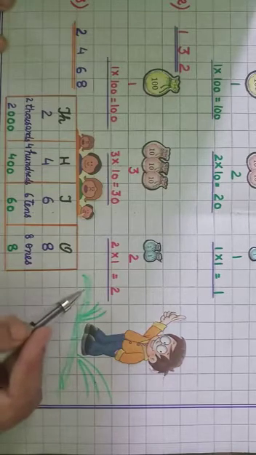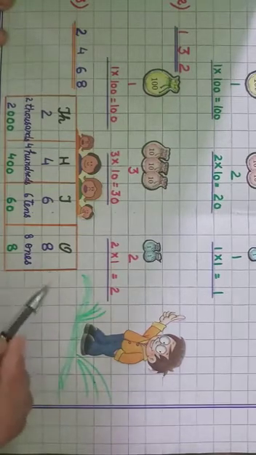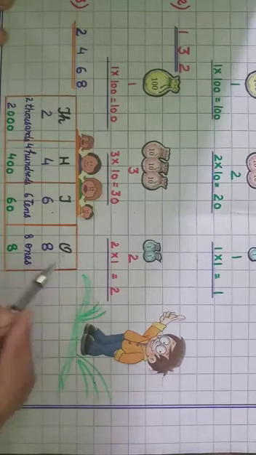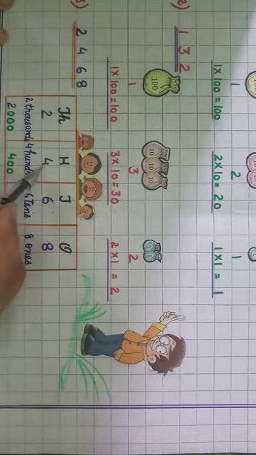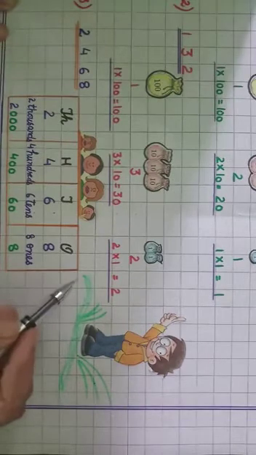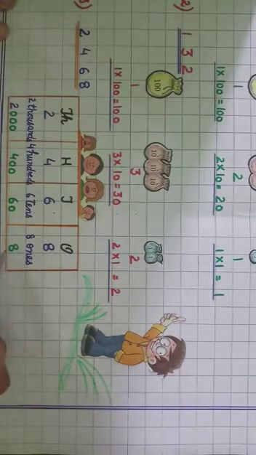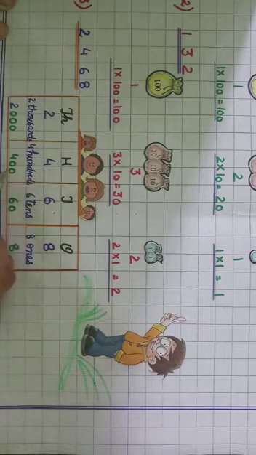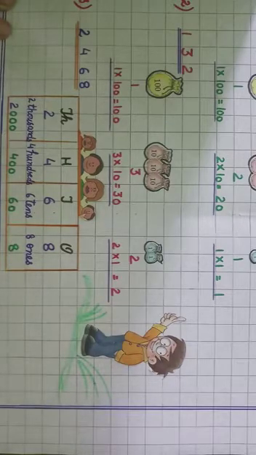Now in order to find out place value, multiply 8 by ones, 6 by tens, 4 by hundreds and 2 by thousands. So the place value of 8 will be 8, 6 will be 60, 4 will be 400 and 2 will be 2000. Is it clear, students?